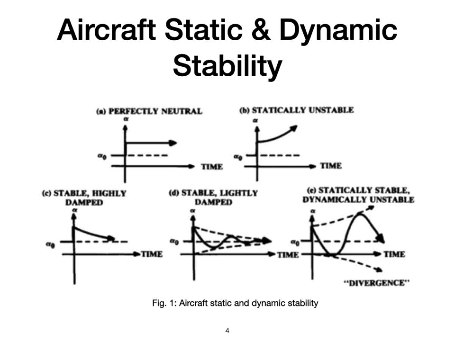The aircraft slowly returns to the original pitch angle without any overshoot. Figure D shows a more typical aircraft response. The aircraft returns to its original state but experiences some converging oscillation. This is acceptable behavior provided the time to converge is short.